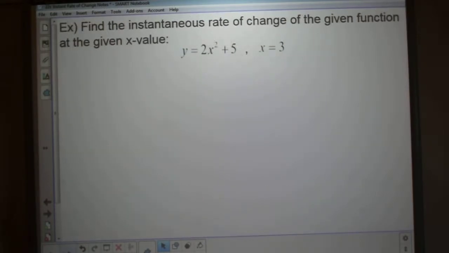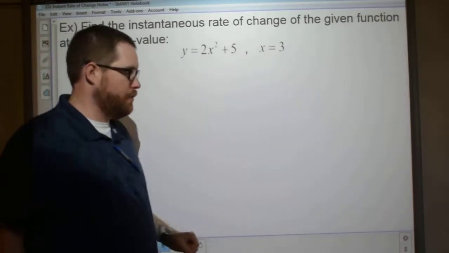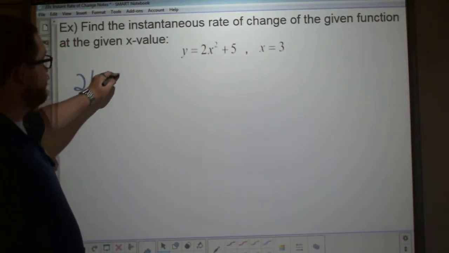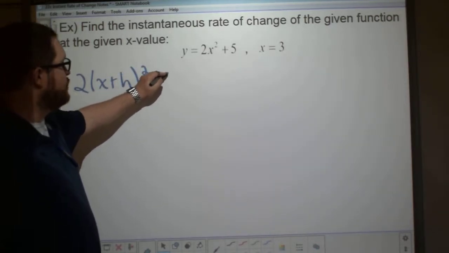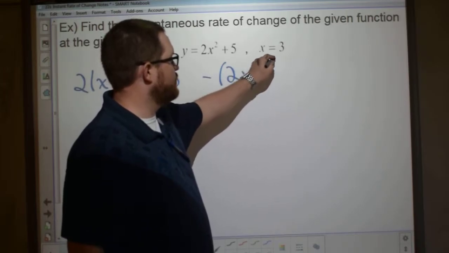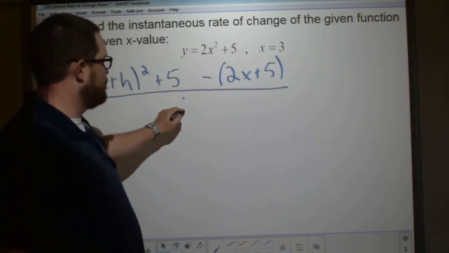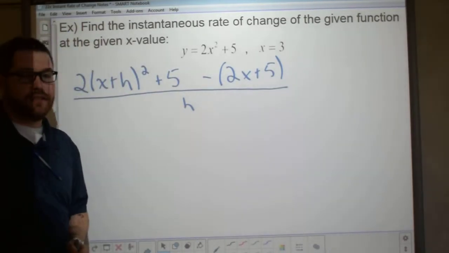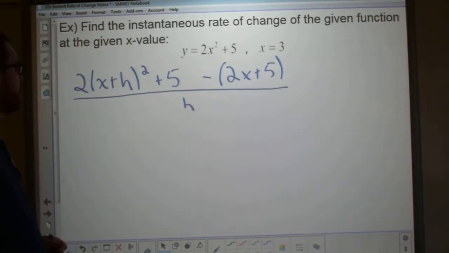Let's try a problem. Find the instantaneous rate of change of the given function at the given x value. So here's my function, here's my value. I'm going to do the difference quotient, which says replace the x with x plus h, subtract the original problem, don't forget your parentheses, divided by h. I can't plug in 0 yet, because if I plug in 0, I get 0 on the bottom.